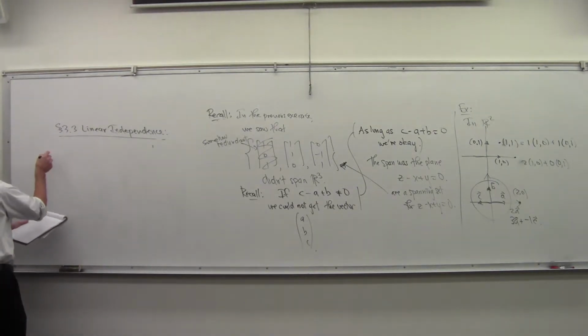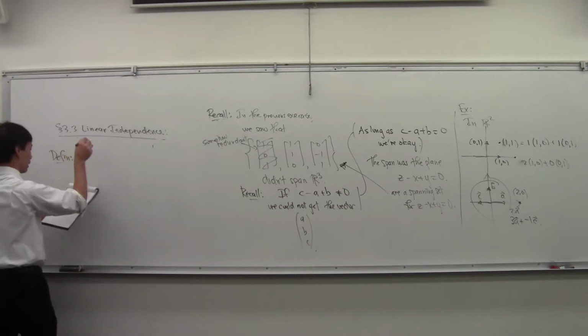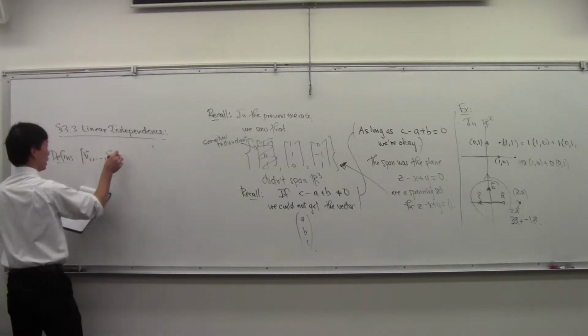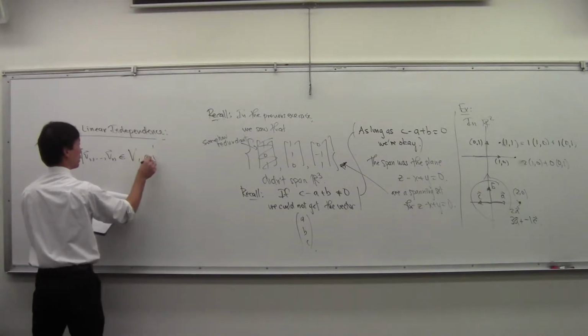So here is the crucial concept. Let V1 through Vn be in V, a vector space.